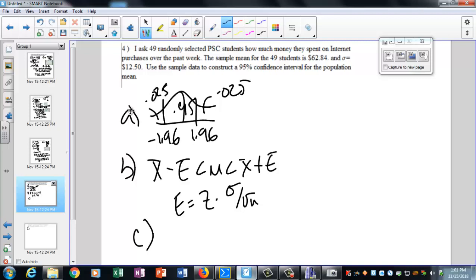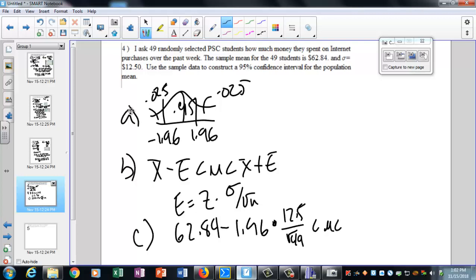Part C, what are the numbers? 62.84 minus 1.96 times 12.5 over the square root of 49 is less than mu, which is less than 62.84 plus 1.96 times 12.5 over the square root of 49.